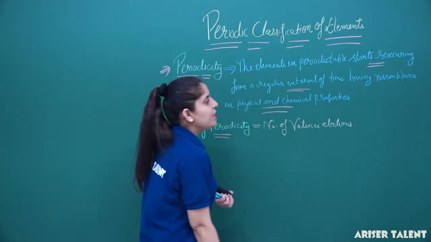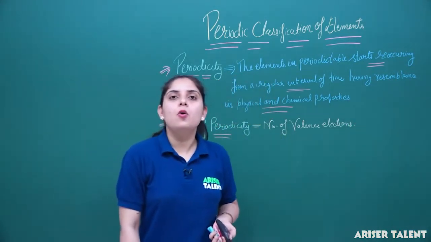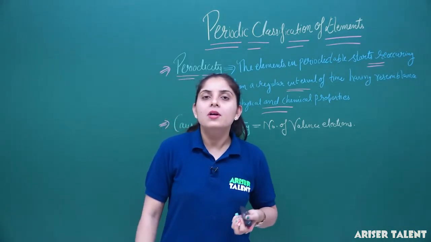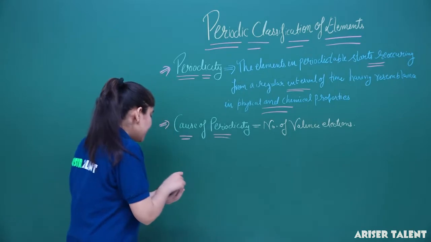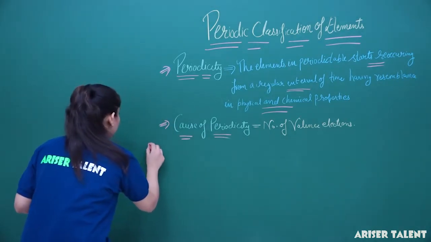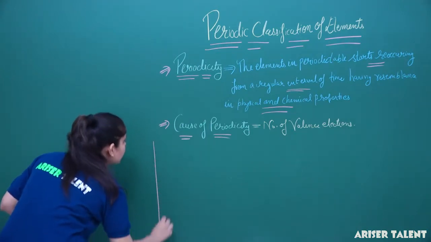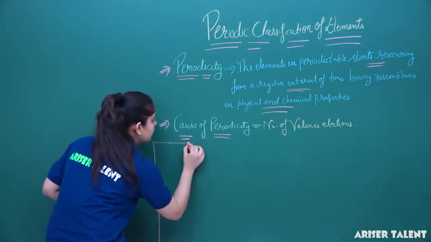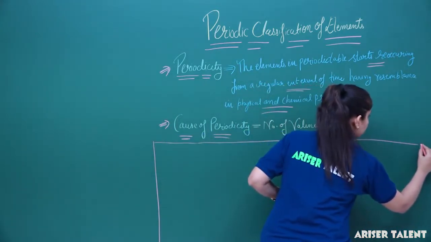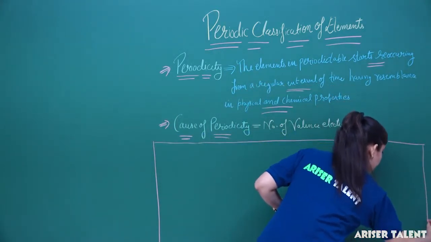Now we will see some elements, how the electrons are distributed in them, and how they follow the rule of periodicity. So let us consider some elements here. For this I am drawing a table.